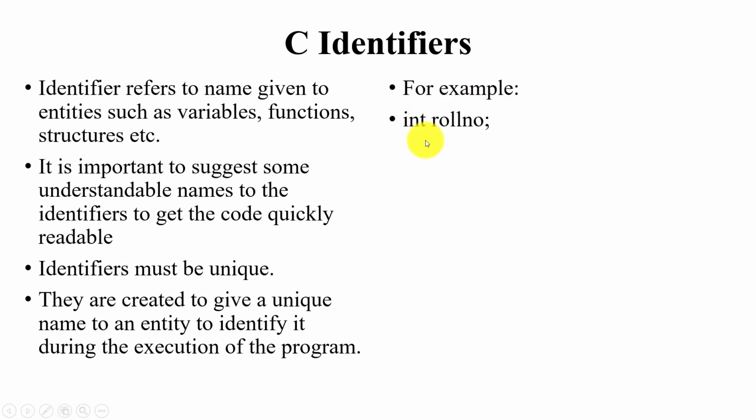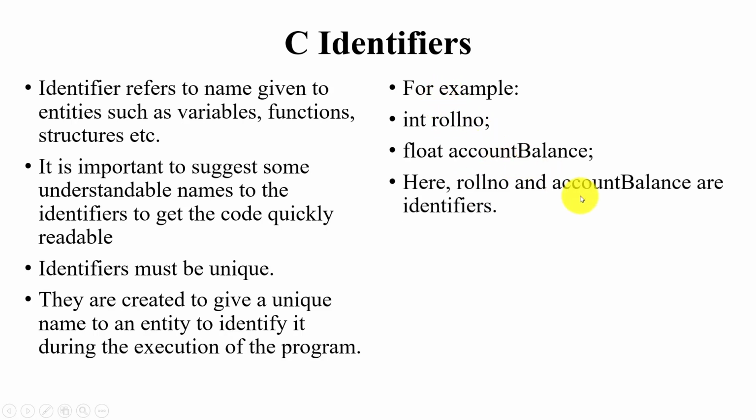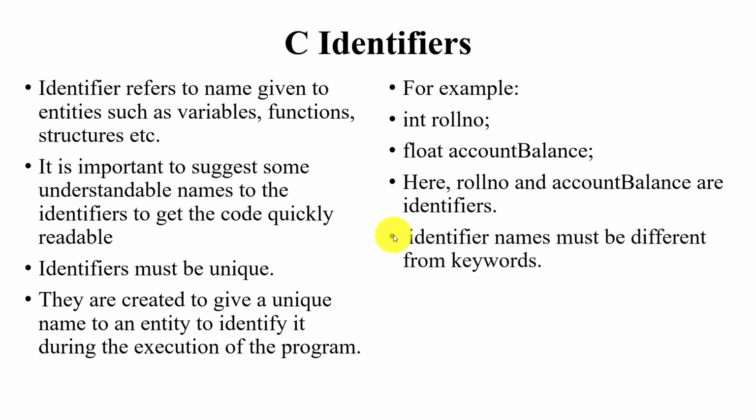For example, int rollnumber and float accountbalance. Here rollnumber and accountbalance are identifiers, while int and float are reserved, predefined words called keywords. So an identifier name must be different from keywords.